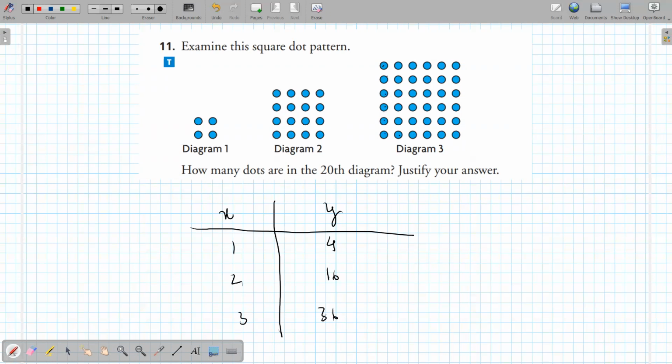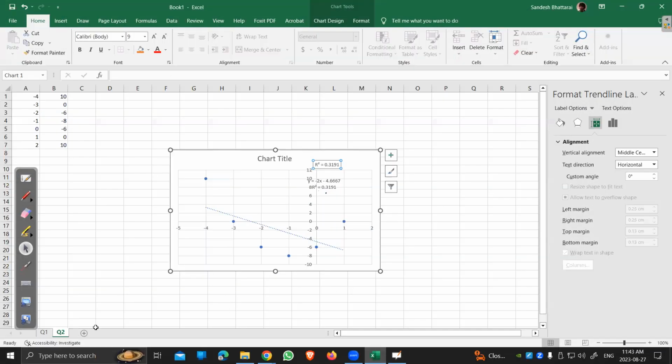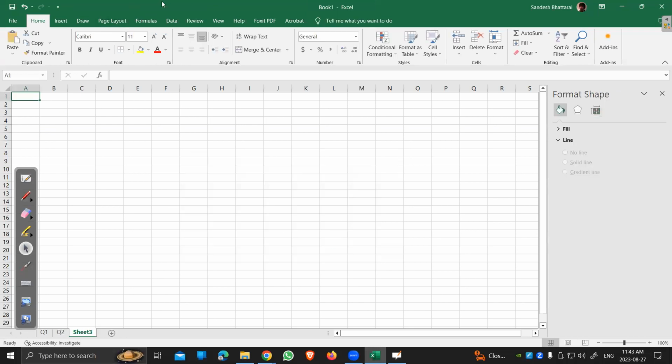So find the pattern is what this is. Do you see a pattern between the X and Y's? Let's see what Excel spits out, and then I'll tell you how to do this. So again, a new sheet, you can use the same sheet, it doesn't matter.